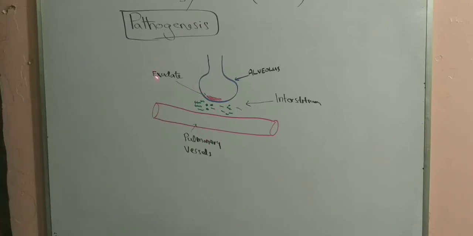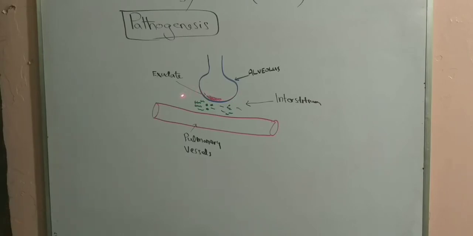So once this exudate is formed as a result of this inflammatory process going on in the interstitium, in the capillary endothelium, and in the alveolar epithelium, it becomes very difficult for the patient to breathe, because the patient is short of breath and needs a lot of oxygen, the patient feels air hunger.